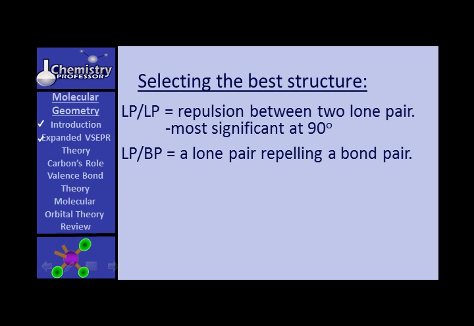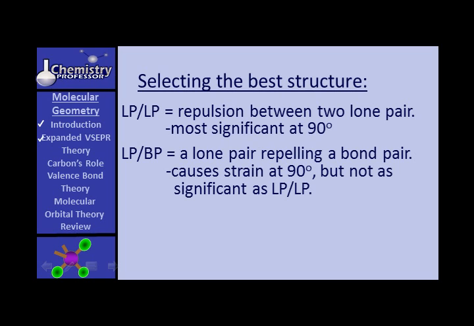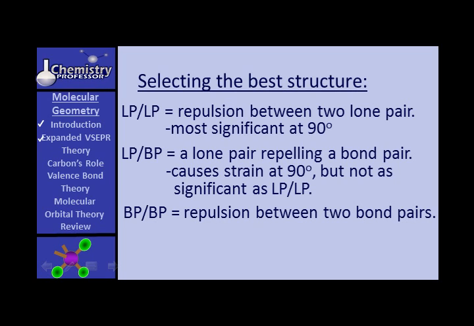Now LP-BP will designate a lone pair and a bond pair repelling each other. And yeah, that's going to cause some strain at 90 degrees, but nothing like the lone pair strain is going to be. And the third one is bond pair repulsion. And this is talking about, obviously, repulsion between two bond pairs.